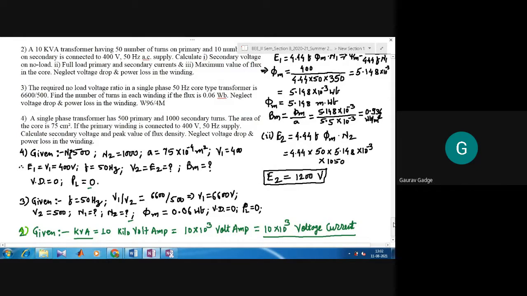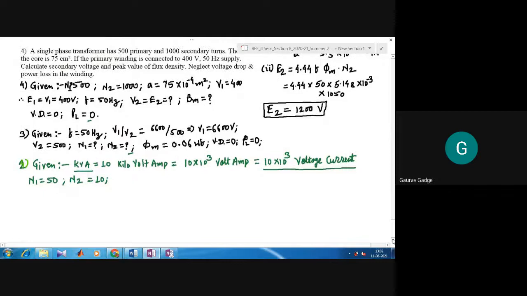See, a 400 volt AC supply is not related to the secondary, because whenever we say 400 volt AC supply, it is always considered on the primary side. So here V1 is 400 volt. Now V1 is also equal to E1. Frequency 50 hertz. That you can solve now, right? Okay, now what else is given?